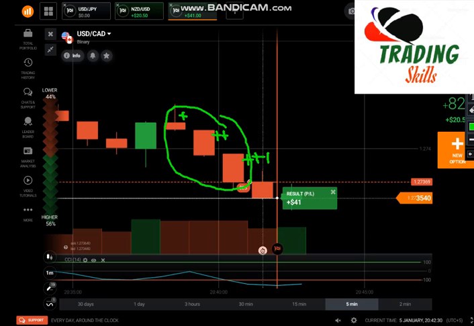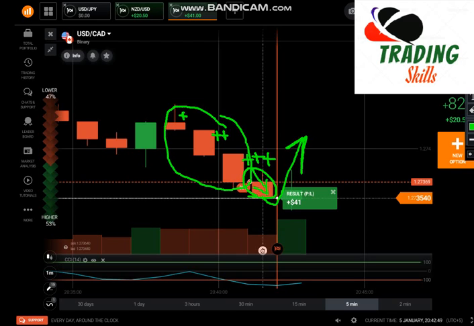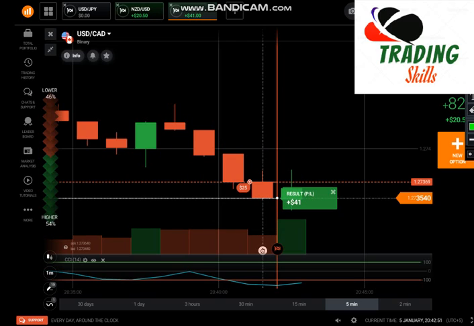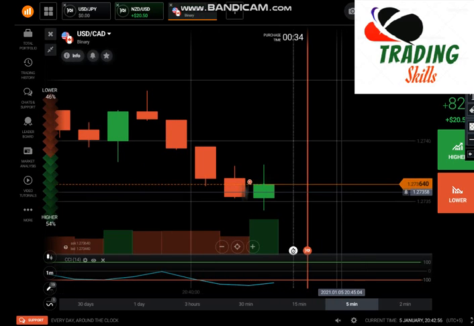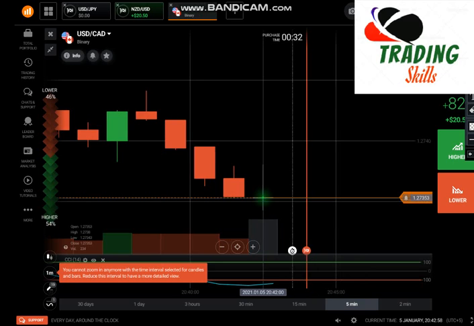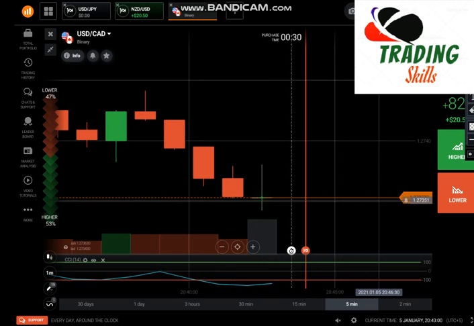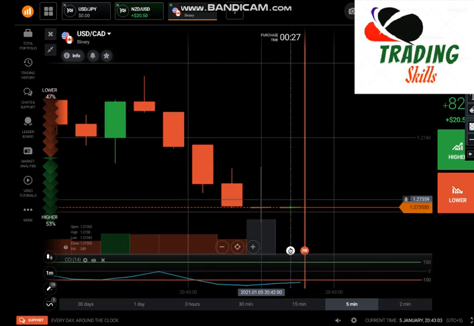So therefore I went with this candle, and this candle went down because, as I told you, after the weakness of the sellers you can expect a buyer's entry, and you can easily see a buyer's entry from this point. Let me show you in the live market. Okay, now you can see, as I told you, the market is doing the same thing. Now you can see a doji candle.